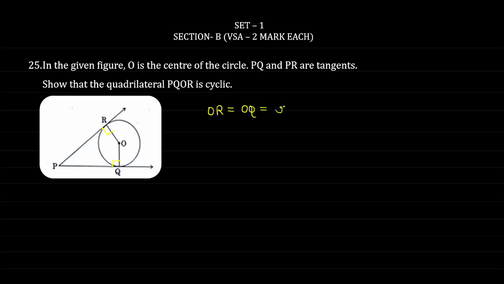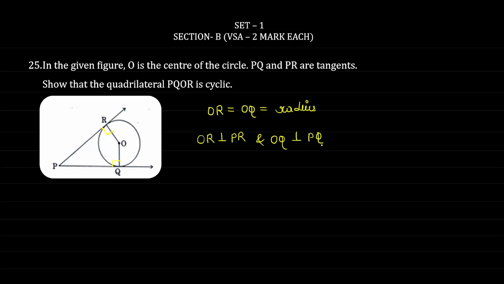They are the radius, right? And by theorem number 1, we know that the radius is perpendicular to the tangent at the point of contact, right? So we can write it like this: OR is perpendicular to PR and OQ is perpendicular to PQ.